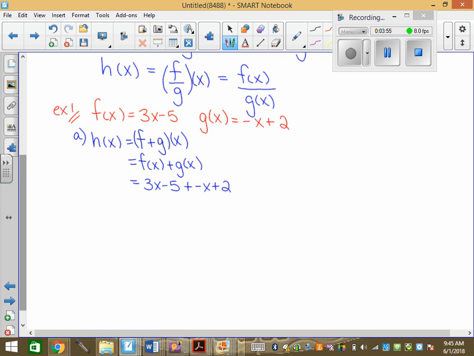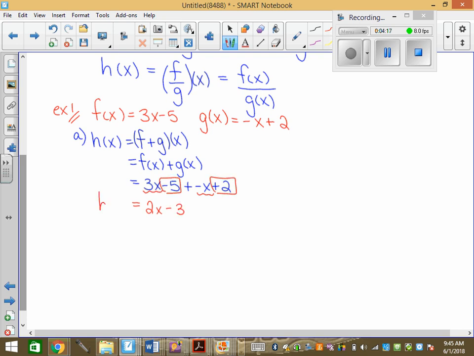Then what can we do? Collect like terms. So we get 3x minus x, which is 2x, and then negative 5 plus 2, which is negative 3.